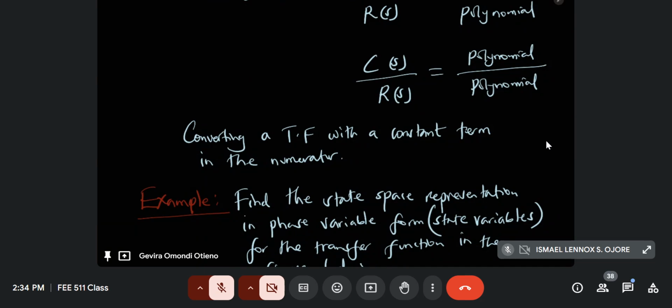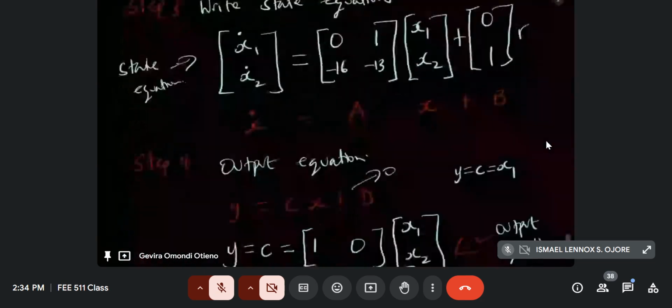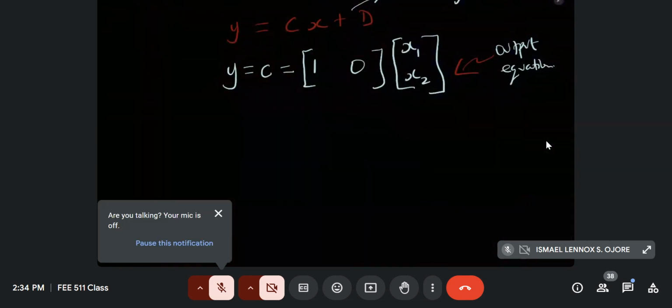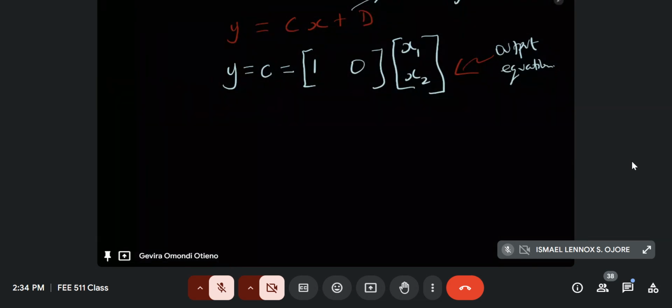So let me just write another example. So here we now want to do conversion. Let me just check the time. Okay, so I can do it in the next 15 minutes, then we finish up. So how about converting a transfer function that has a polynomial both in the numerator and in the denominator? That's very important.